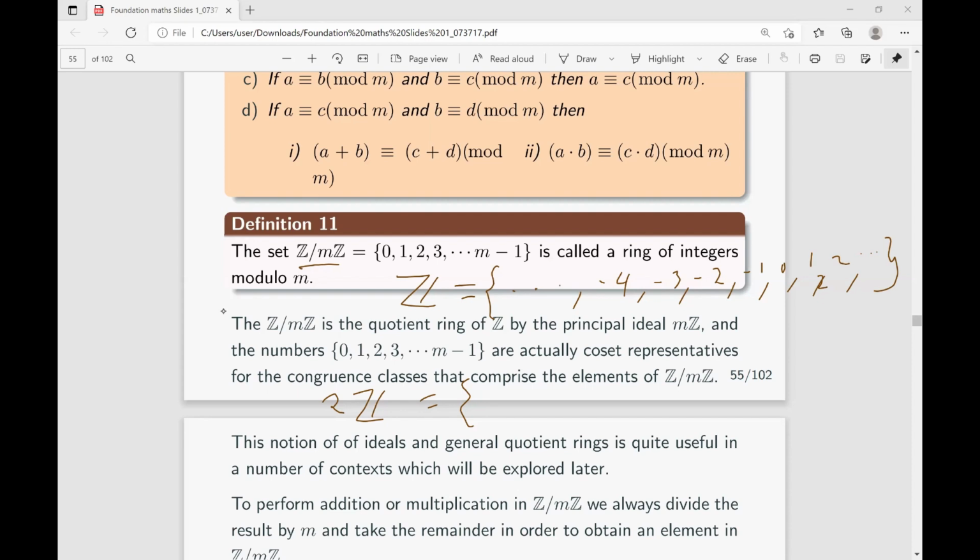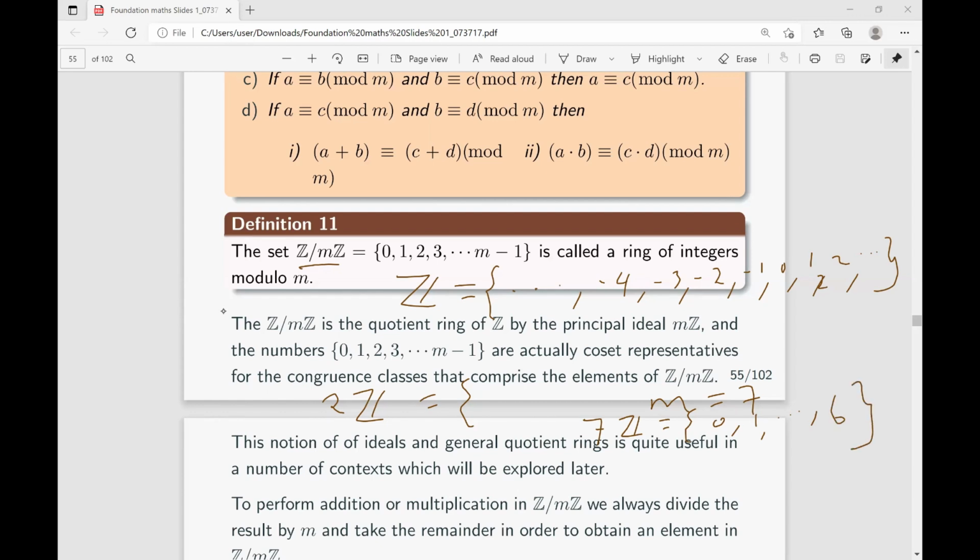Mod m. Now, let's take m to be 7. If m is 7, for instance, then our set 7Z is a set comprising numbers from 0 all the way up to 6.